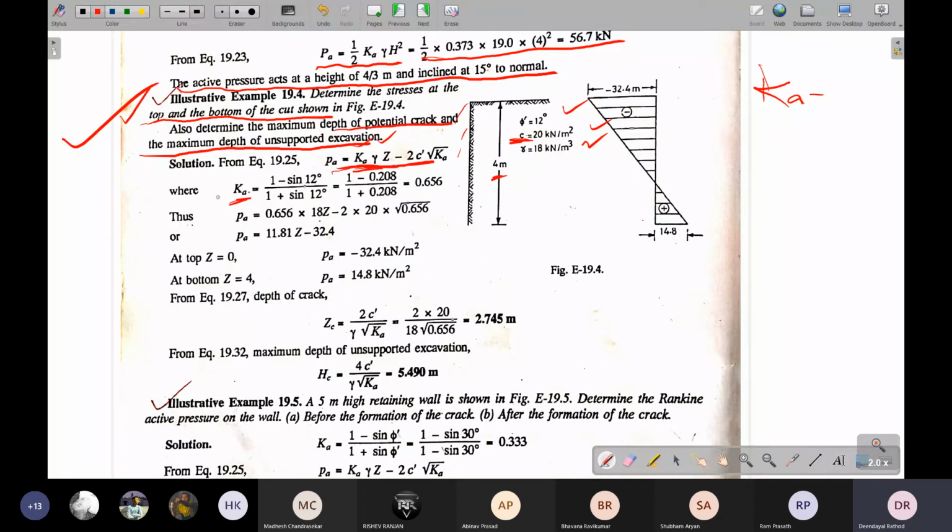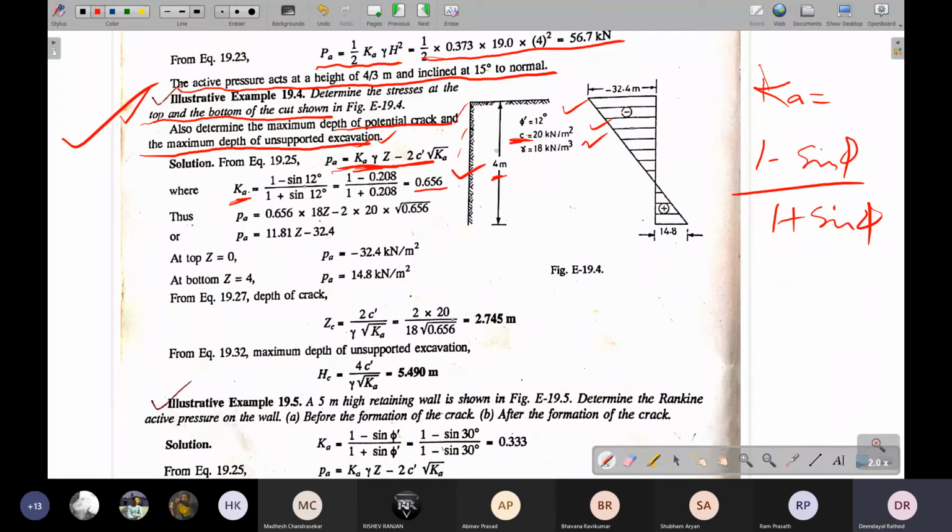If you see this kind of problem, first, without thinking anything, find out the Ka or K naught or Kp. What is Ka here? 1 minus sin phi by 1 plus sin phi. What is the value? You will get it.